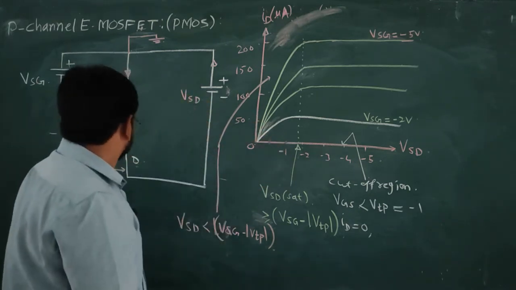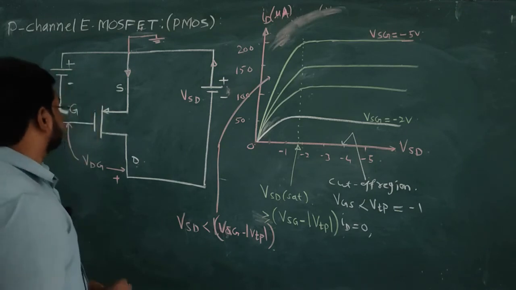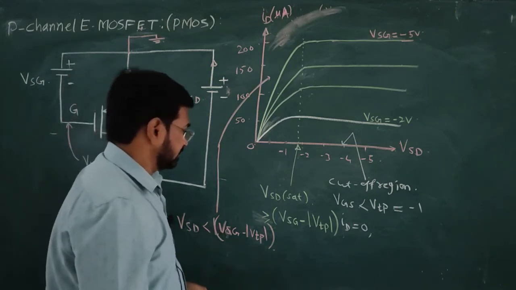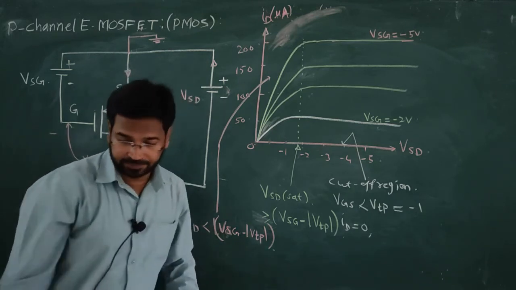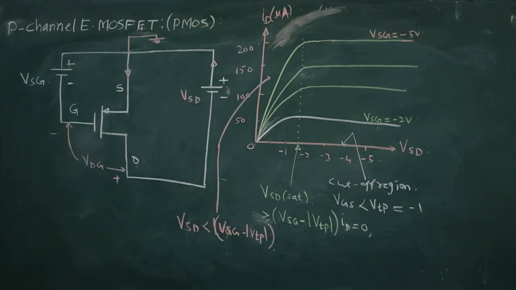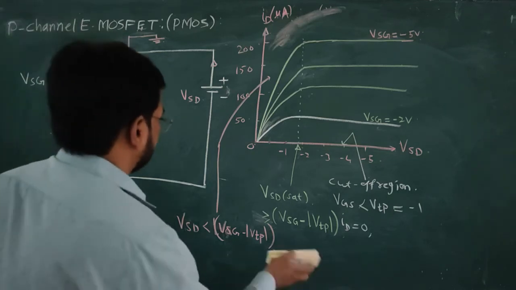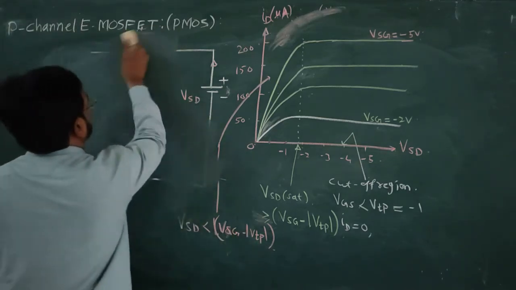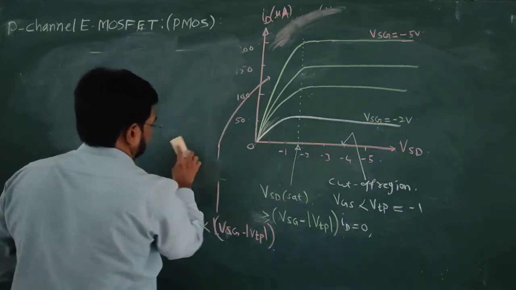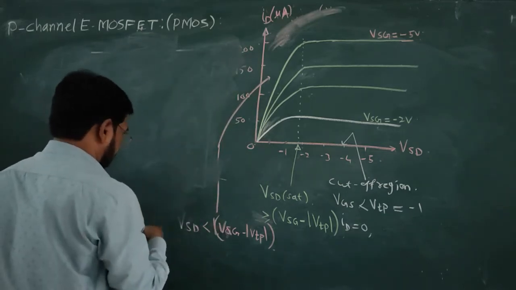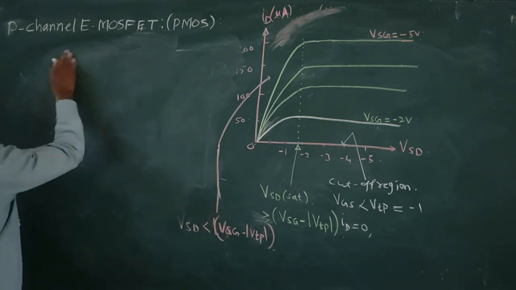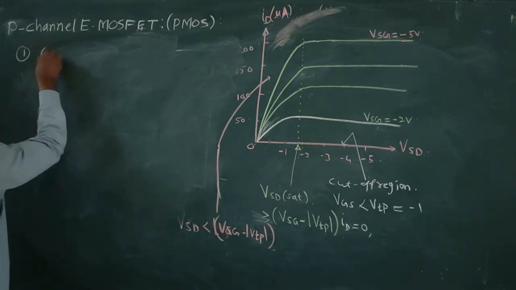Now, what are the equations of current in triode and saturation region? Okay, I will erase this. We will write systematically.